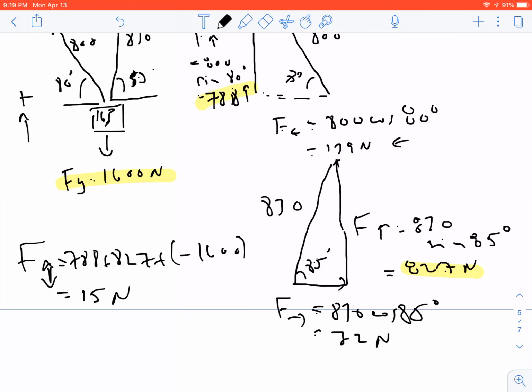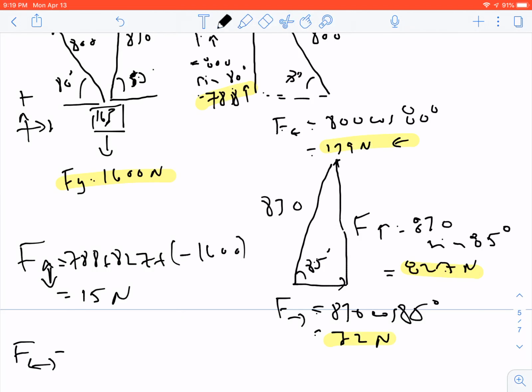If I look at my force left-right, if I again choose, let's say I'm going to choose right as positive, I'm going to have a right force of 72 newtons, and I'm going to have a left force of 139 newtons. Right?